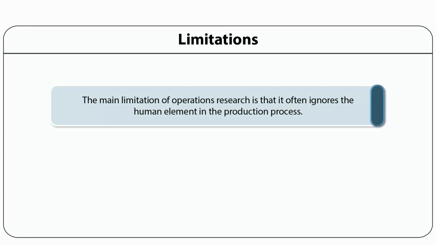Besides having several advantages, operations research also has a few disadvantages. The limitations of operations research are more related to the problems of model building, time, and money factors. The main limitation of operations research is that it often ignores the human element in the production process.